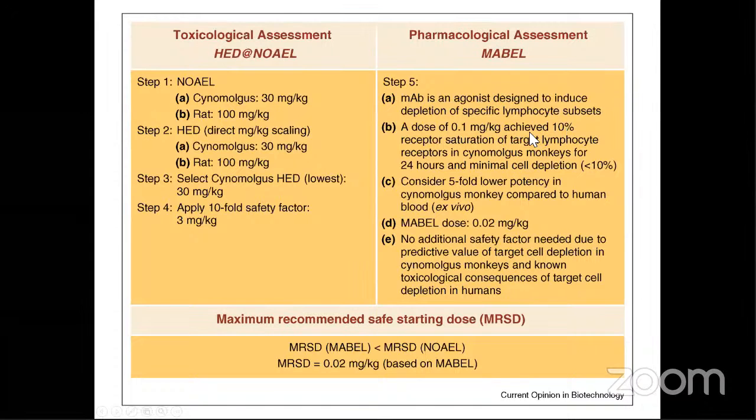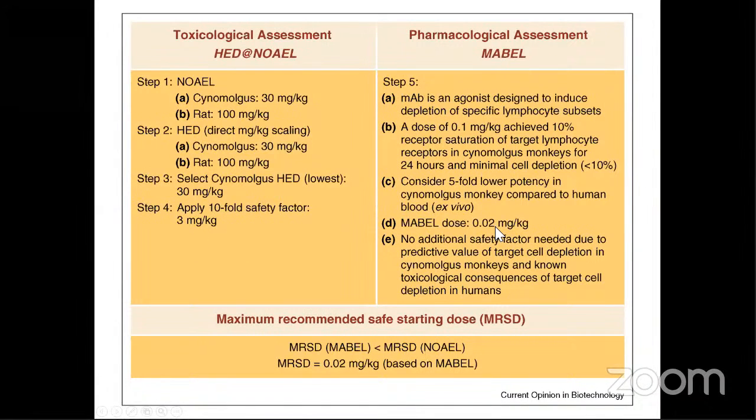At this dose, 10% receptor saturation of the target lymphocyte receptor in monkeys is observed, and that leads to cell depletion of less than 10%. So this is the data which we have for the pharmacology aspect in terms of the assay. Considering that there may be a 5-fold lower potency in monkey versus human, the dose of 0.1 milligram per kg would be divided by a factor of 5, which leads to 0.02 milligram per kg. And that would be the MABEL dose.